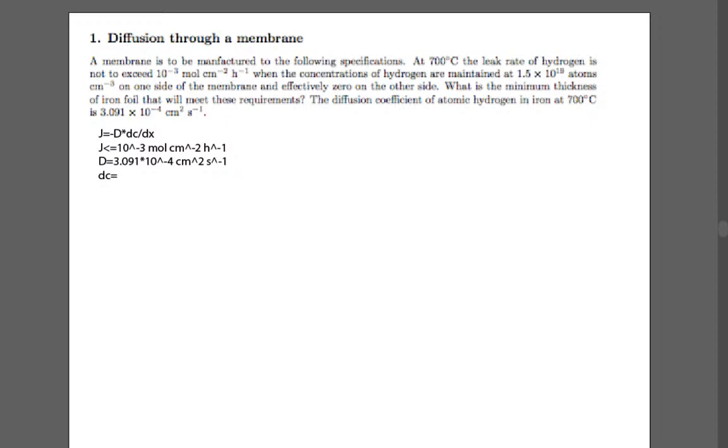One side is 1.5 times 10 to the power of 19, and the other side is effectively 0, so we can say it's 1.5 times 10 to the power of 19 atoms per centimeter negative 3. There we go.